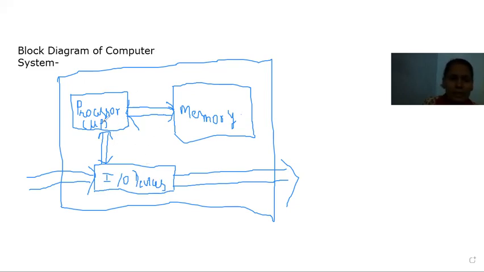Only processor can control memory and input-output devices. You can see from here that there is no connection between memory and IO devices, but there is a connection between processor and memory and processor and IO devices.